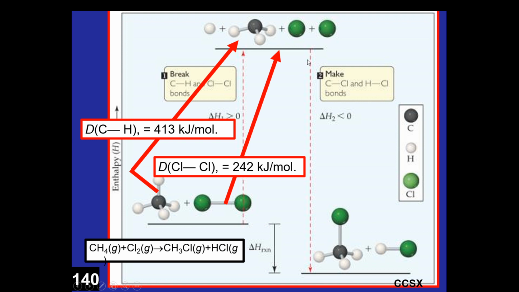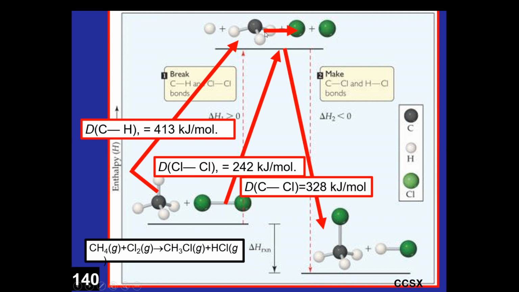Now on the other side, you've got this methyl group attaching to the chlorine, and that forms this compound down here, and energy is released. This methyl and this chlorine are up here in the chart. They have a high energy level. Once these bonds form, this compound now has a lower energy.